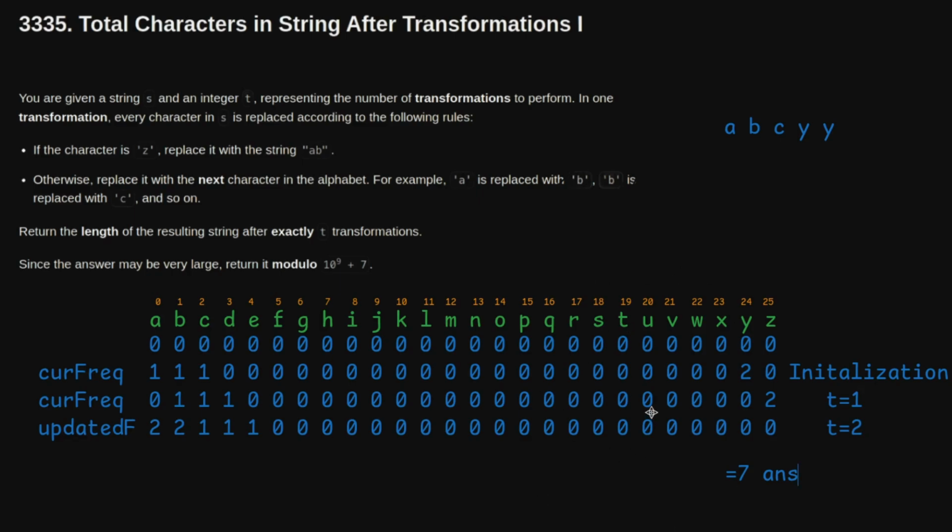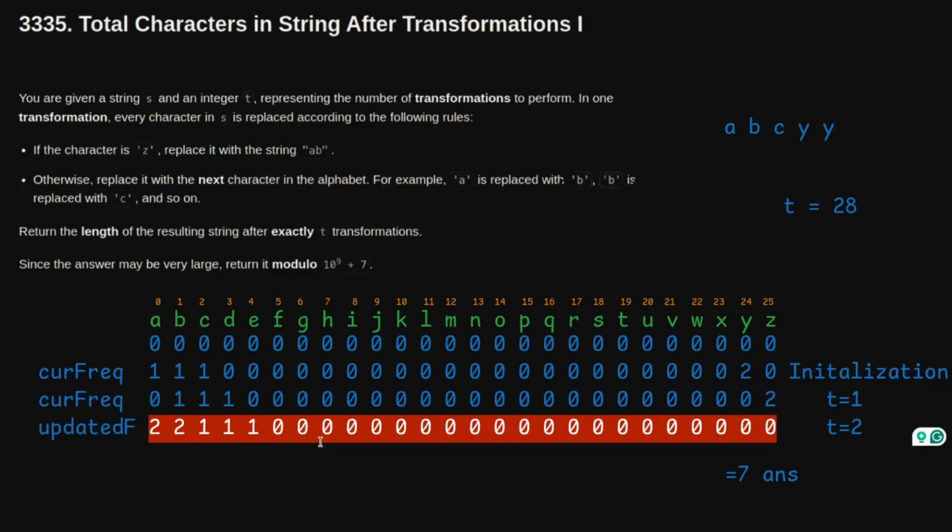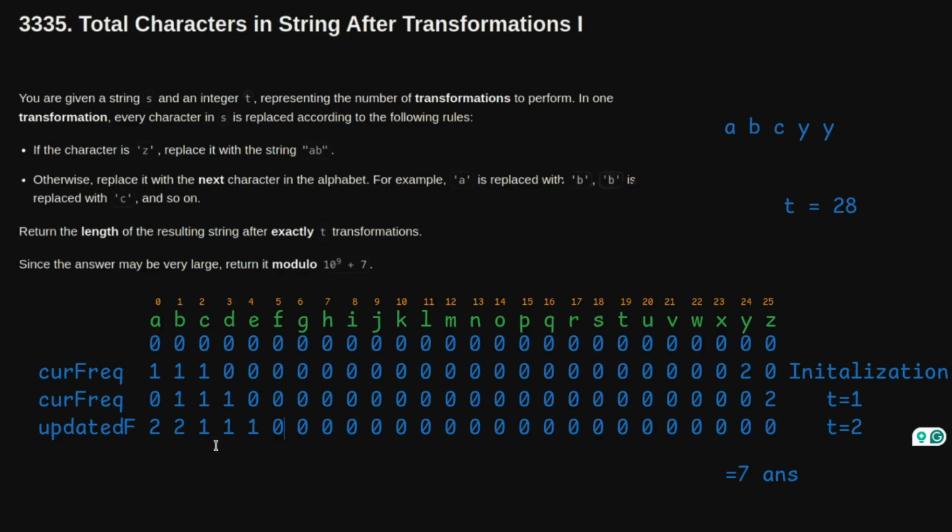The benefit of using this logic is that even if t is greater than 25, let's say t is equal to 28, we have preserved what we have, and we are just adding 1 to it, right?